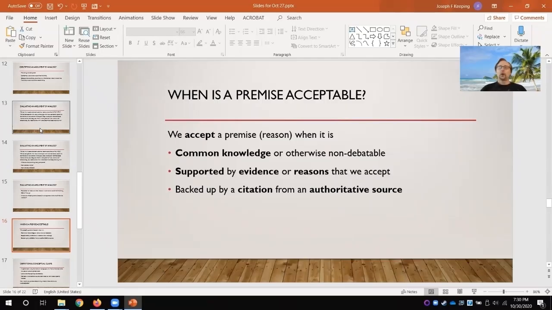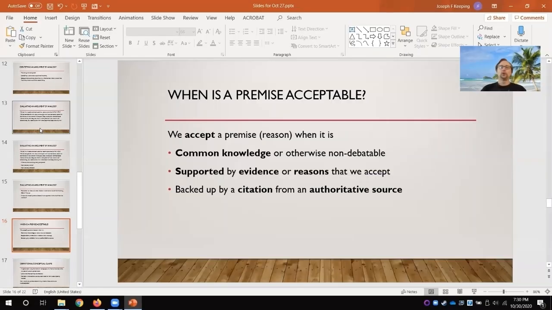Now, I prefer the language of acceptable rather than true because there are a lot of things that can't really be proven, but we still accept them as true. For example, we can't prove that the sun is going to rise tomorrow, but everybody accepts that it will. Likewise, some kinds of claims aren't strictly true or false, but we accept them anyway because everybody, or nearly everybody, agrees.